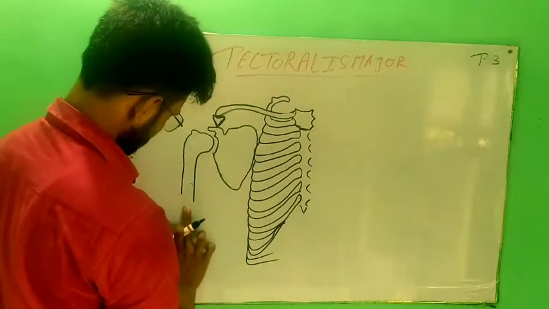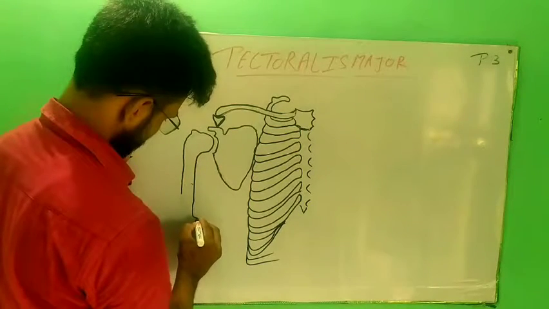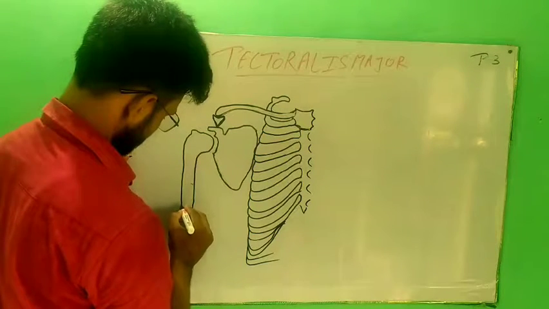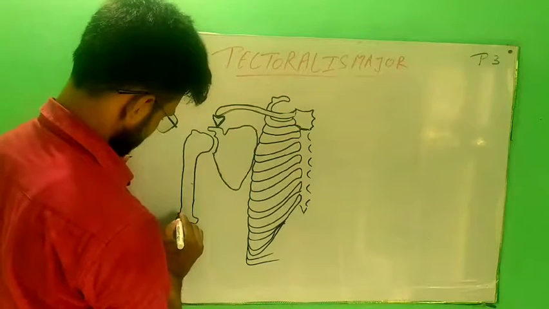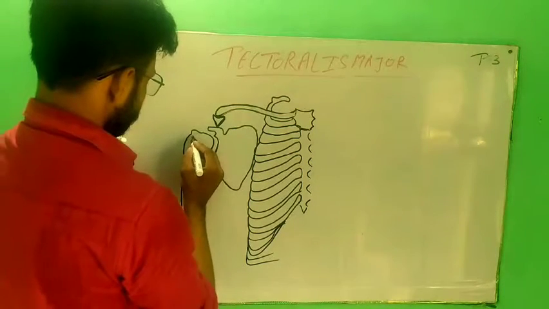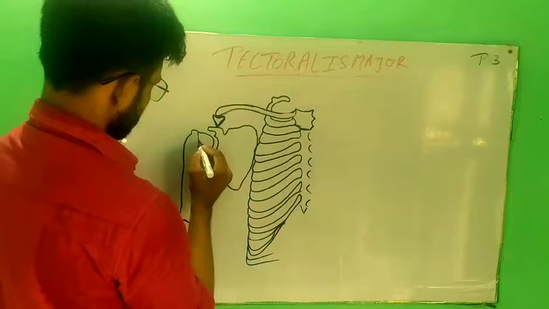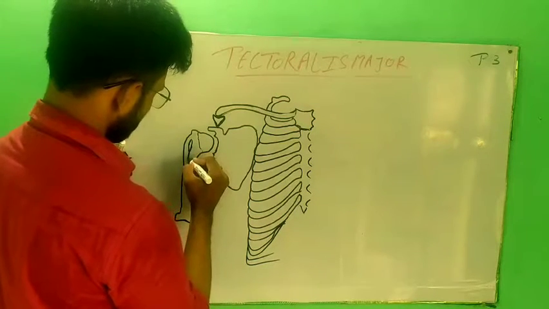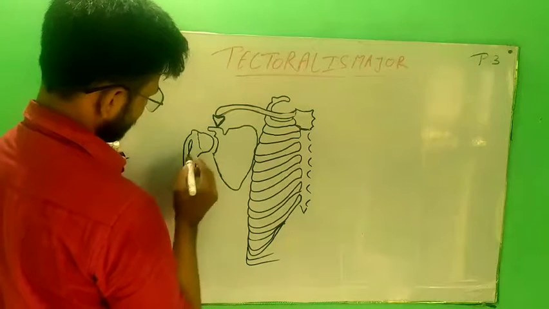This is the humerus. This is the greater tubercle. This is the lateral lip of the greater tubercle.